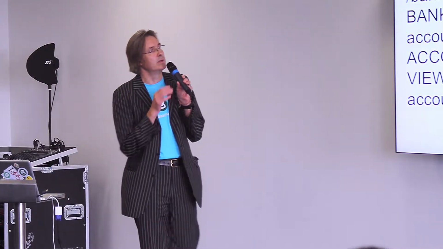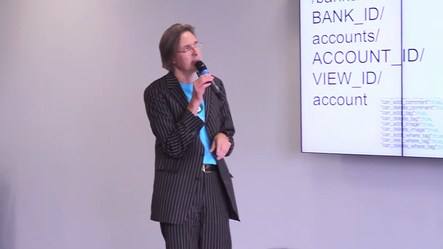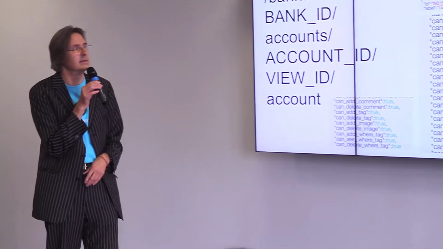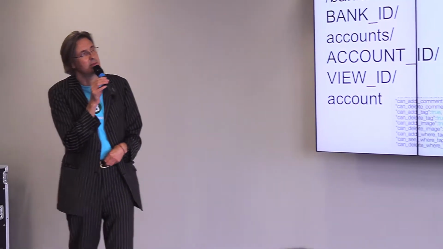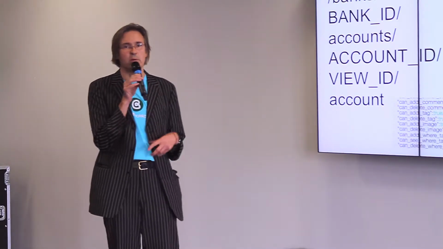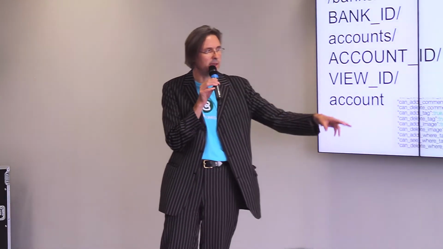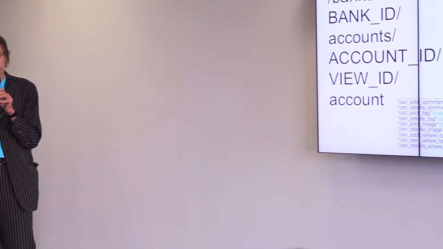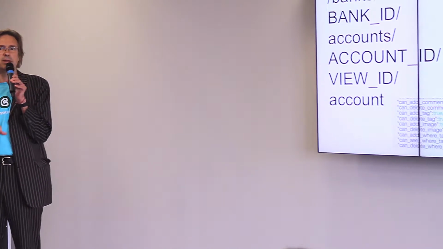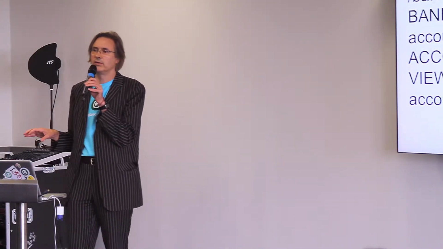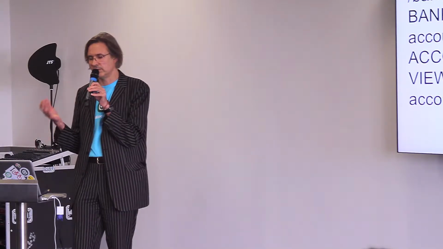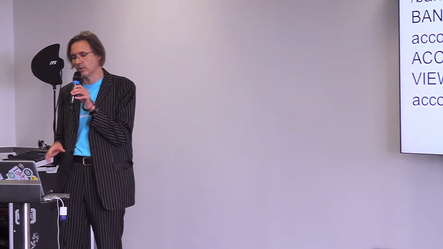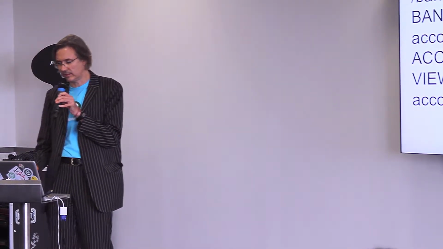So you can turn on and off all the fields that this view is allowed to see, like the IBAN, the metadata, and so on and so forth. And also you can have rules about what you're allowed to do on that view, so can you add a tag or an image or a comment, that kind of thing. So this is obviously greater functionality than you would get from an API which is just surfacing transactions and the raw core banking data.